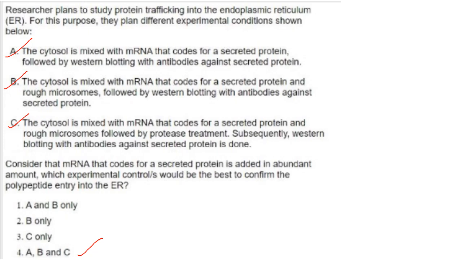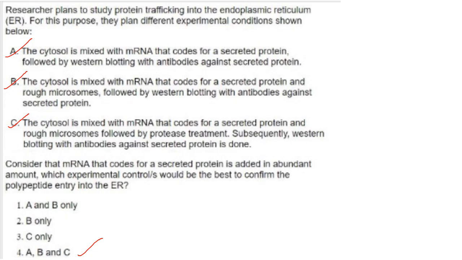From there the protein is extracted and subjected to Western blotting with antibodies against the secreted protein. You will get the result that it has entered the rough microsomes and secreted proteins are produced. So that also can be used as a control.